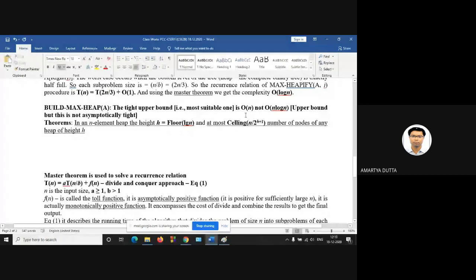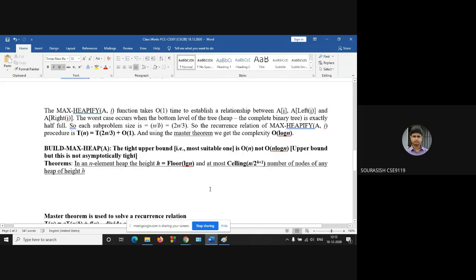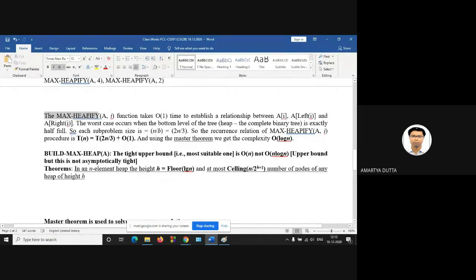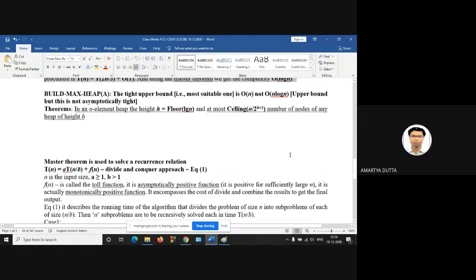Can we construct the heap complexity order of n, or should I explain? No, maybe you can explain. Max heapify is clear. Complexity of max heapify, yes sir, is order of log n.